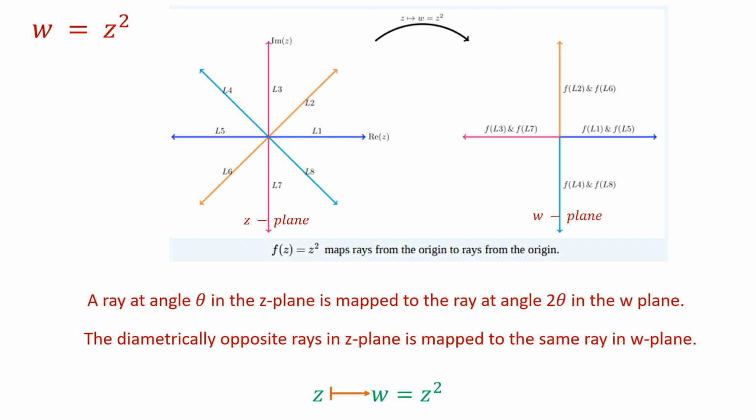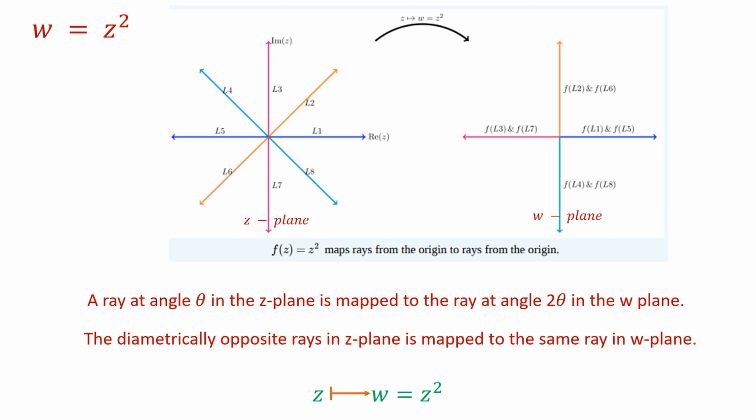So from the above observations, we can conclude that a ray at angle theta in the Z plane is mapped to the ray at angle 2 theta in the W plane. Further, the diametrically opposite rays in Z plane are mapped to the same ray in W plane. That is L1 and L5, which are diametrically opposite in the Z plane, are mapped to the same ray denoted as f of L1 and f of L5.